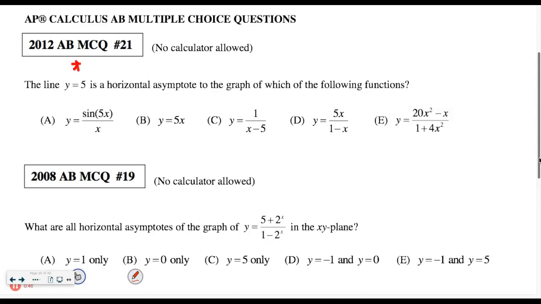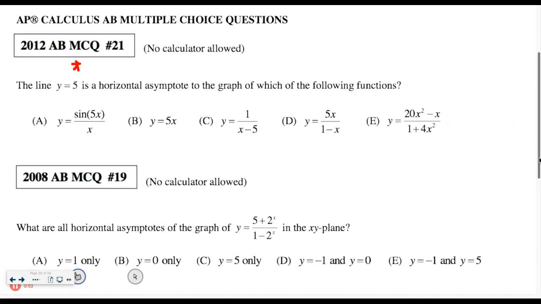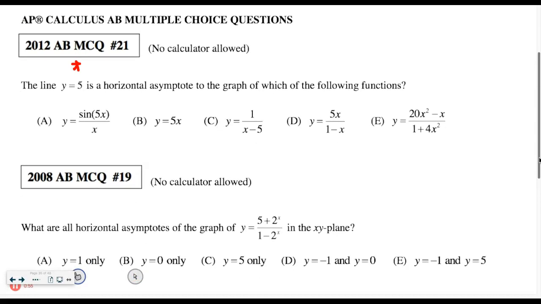This was off of the 2012 AB number 21, and what that means is there was no calculator because the first 30 are without a calculator. So without being able to look at the graph, students needed to know the calculus concept of a horizontal asymptote.